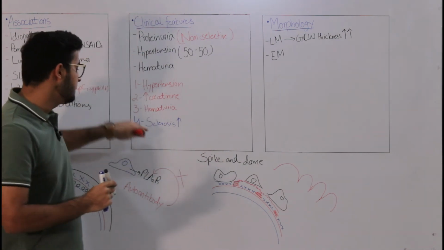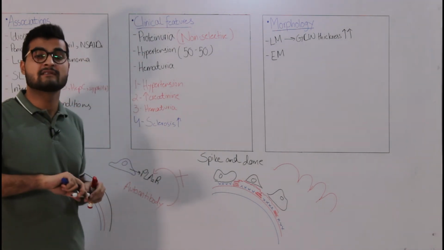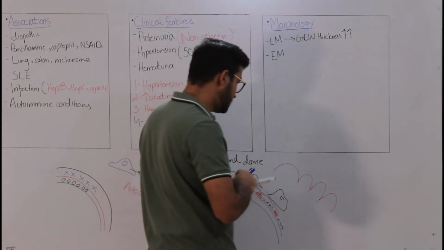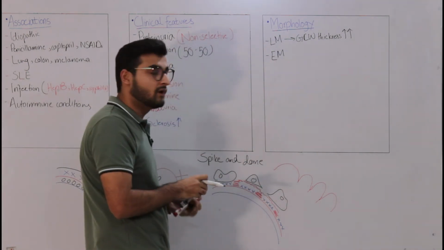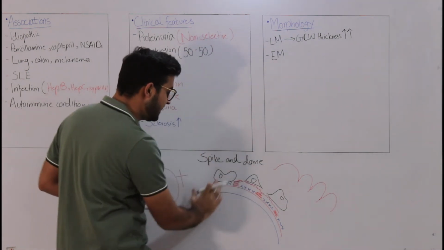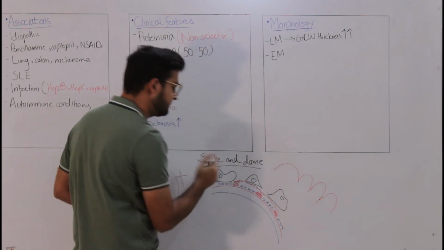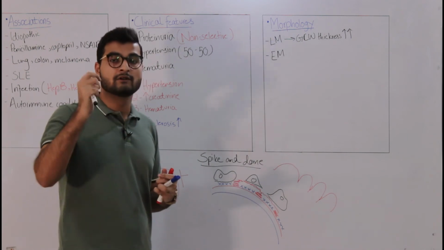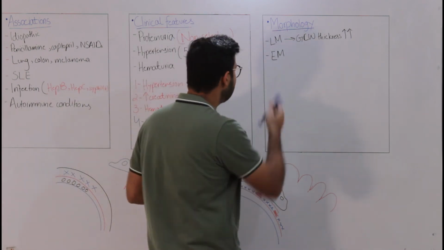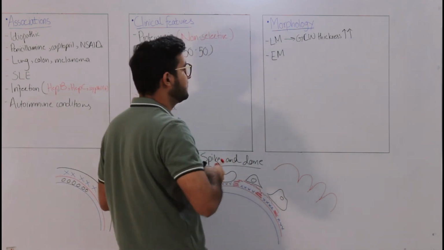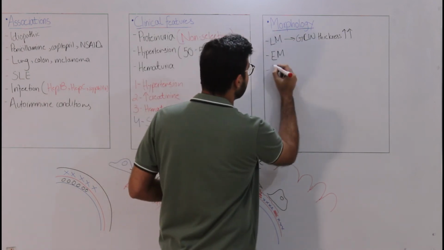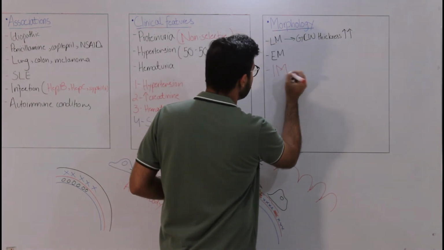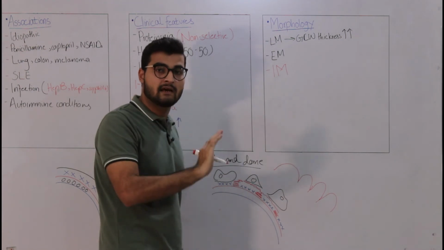So keep that in mind, that the fourth point is increase in sclerosis. Now coming on to the morphology. So on electron microscopy, I explained that you will have a spike and dome appearance, and that is really specific to membranous nephropathy.